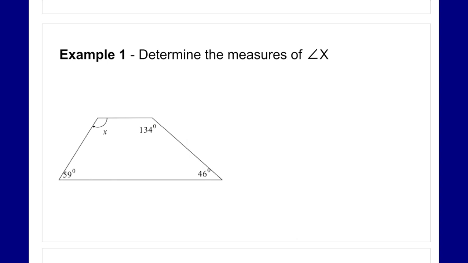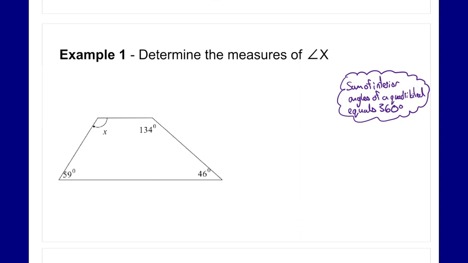And there is a property, if we didn't know it, that the sum of interior angles of a quadrilateral equals 360 degrees.